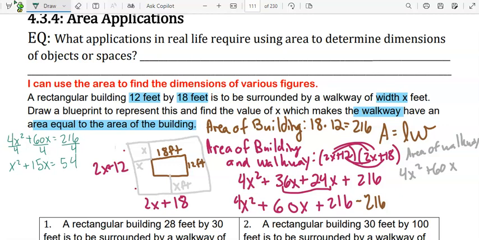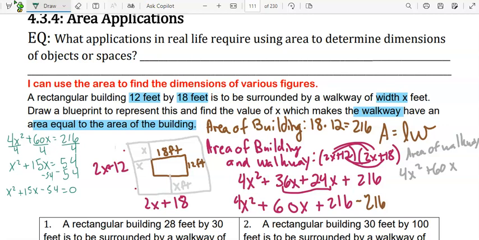That'll make it easier to factor. So over here, let's subtract 54 from each side. So we have x squared plus 15x minus 54 equals 0.